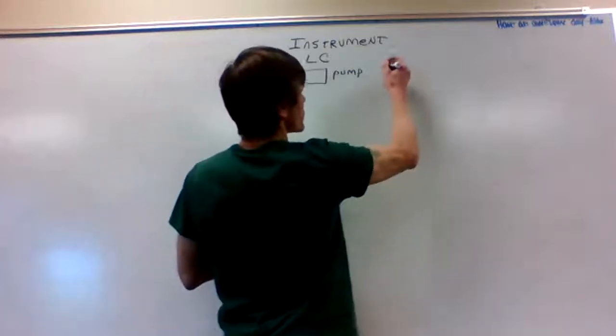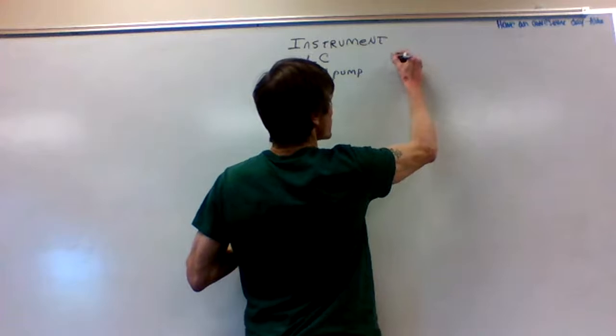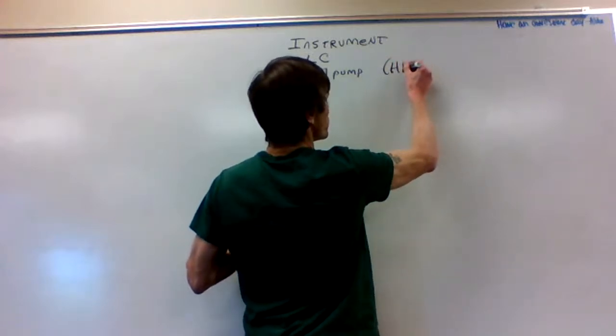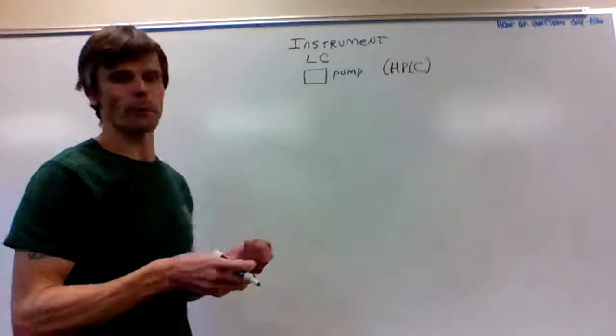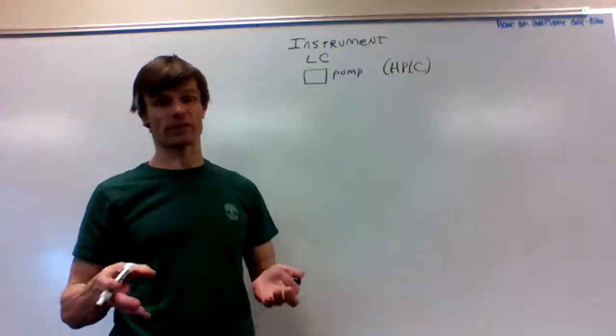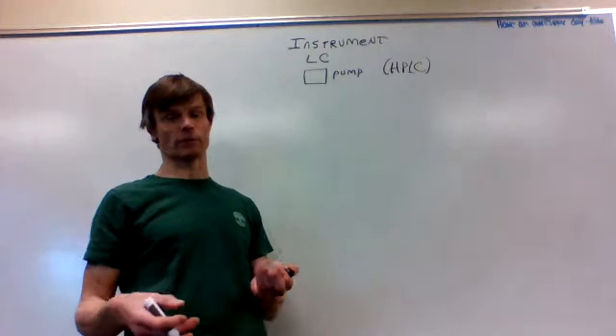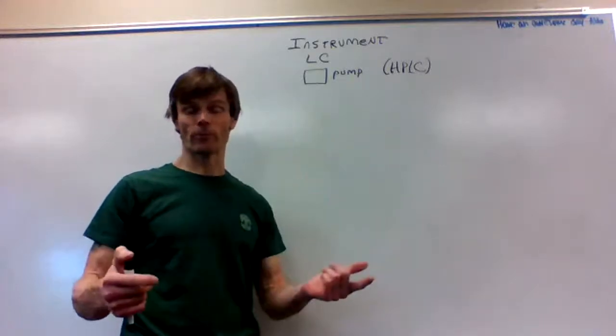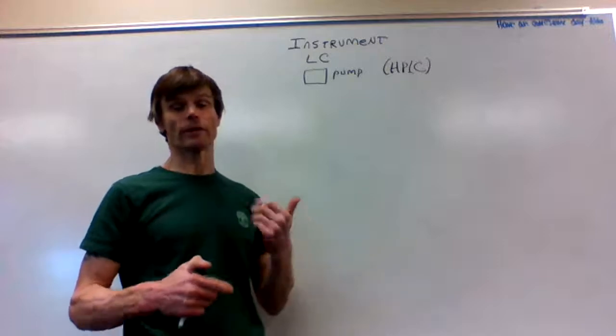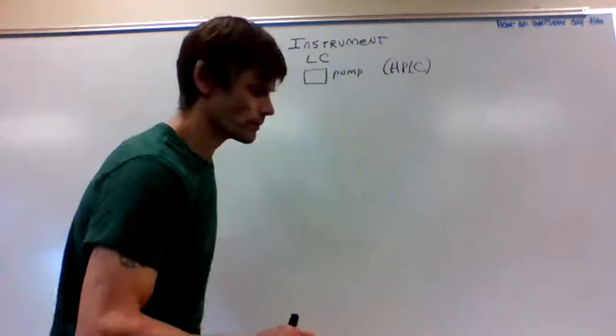And this high pressure pump is an important component of what we call HPLC, high pressure, or we sometimes would rather refer to this as high performance liquid chromatography. Again, if you take chem instrumental analysis, you'll be using the HPLC, as we call it.